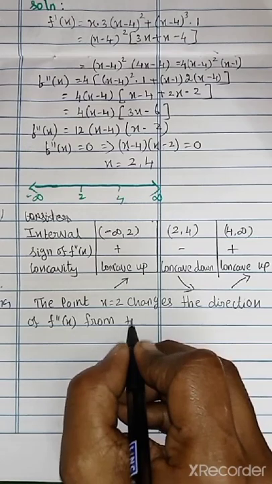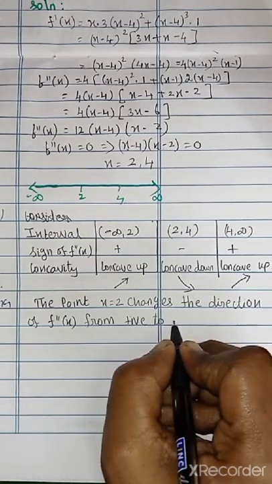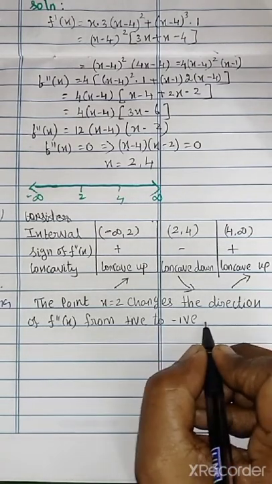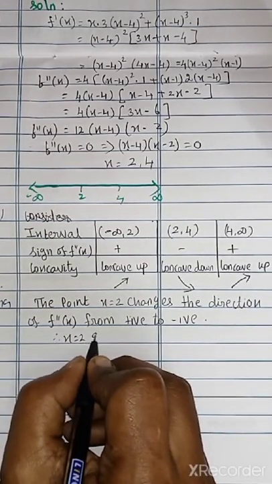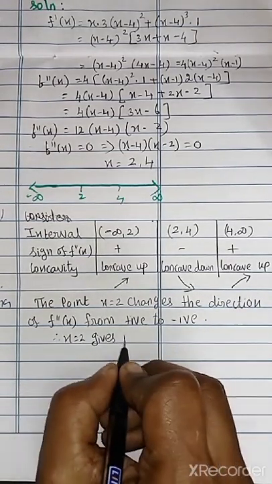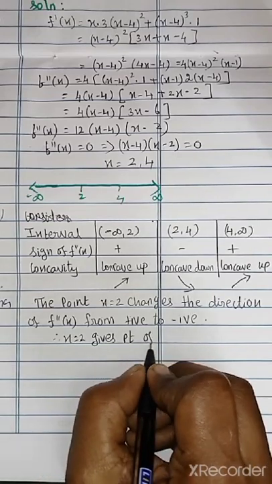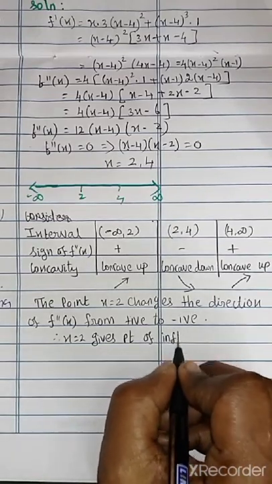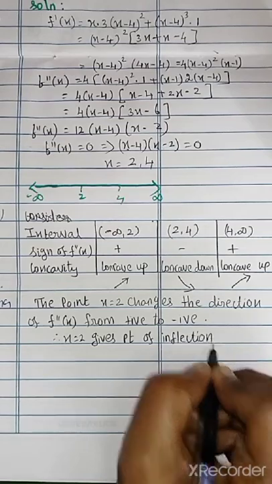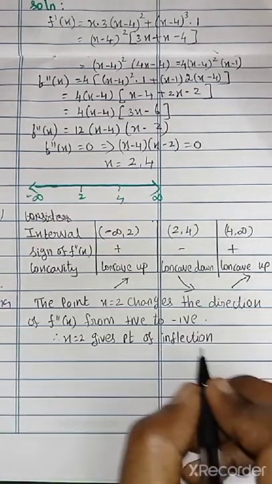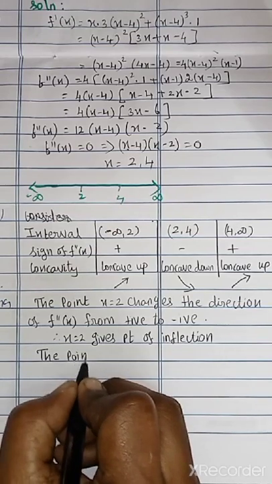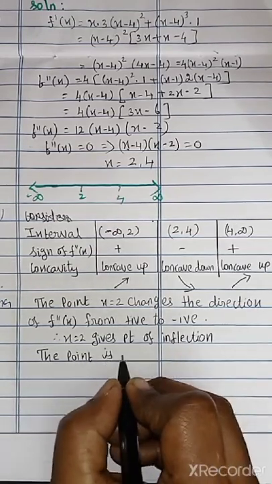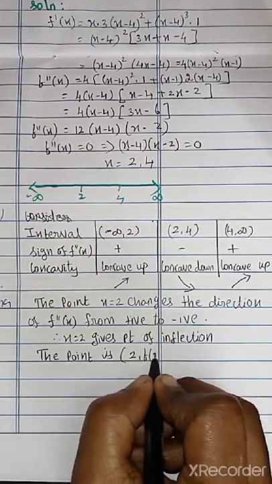From positive to negative. Therefore x equal to 2 gives a point of inflection. Okay, so the point is 2 comma f of 2.